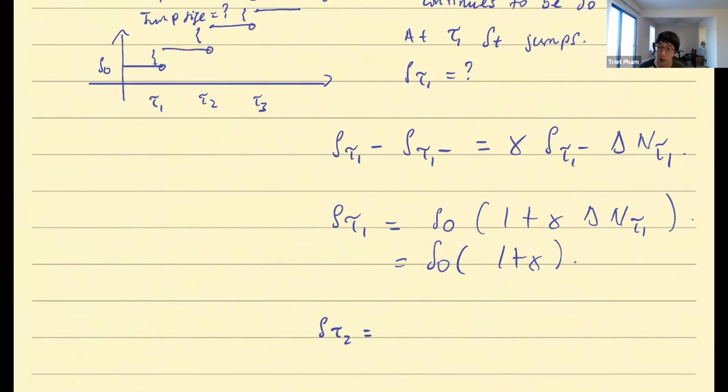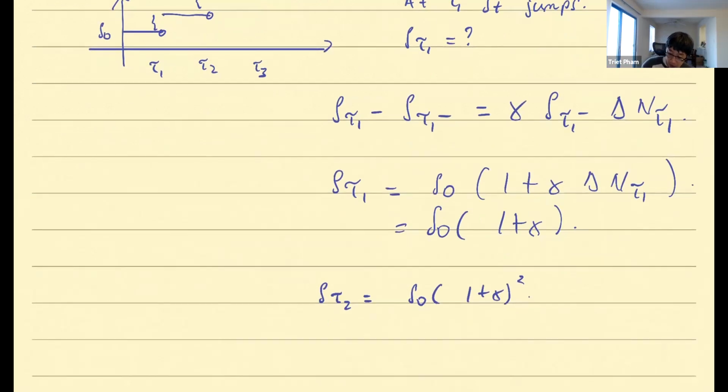What's S tau 2 then? I hope it's clear that it's going to be S0 times 1 plus gamma squared. Correct. So it's actually a very easy model.